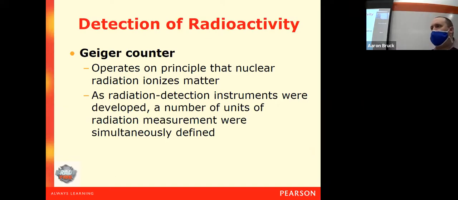And what the Geiger counter does is it picks up radiation because what it detects is the ionizing matter. So as radioactive materials encounter other materials, like I said before, they strip them of electrons. The Geiger counter is able to detect those ionized materials to let you know how much ionization has gone on.